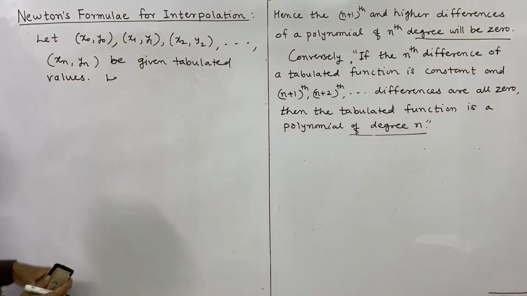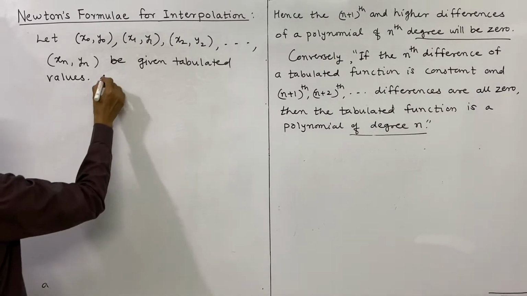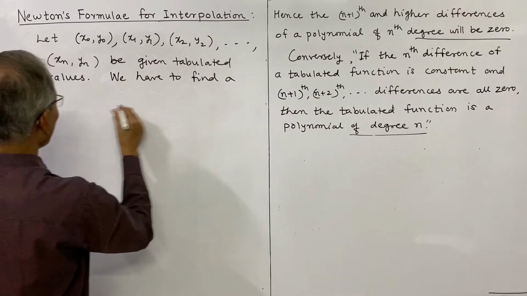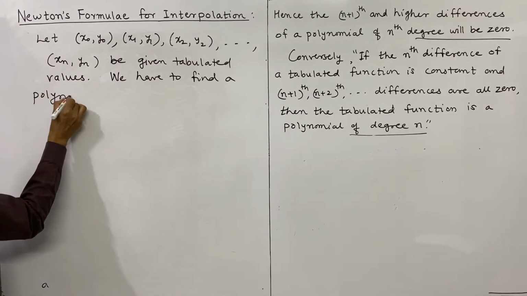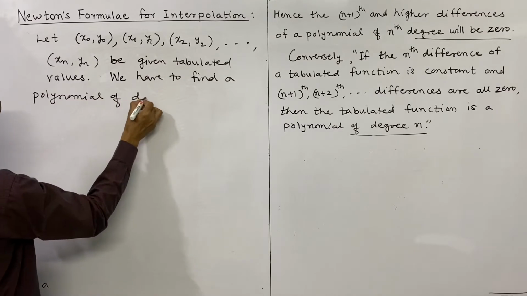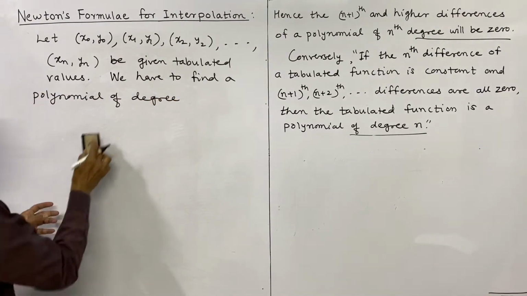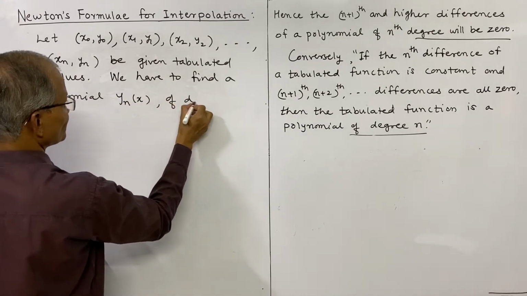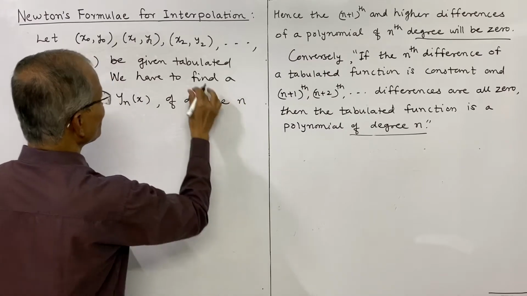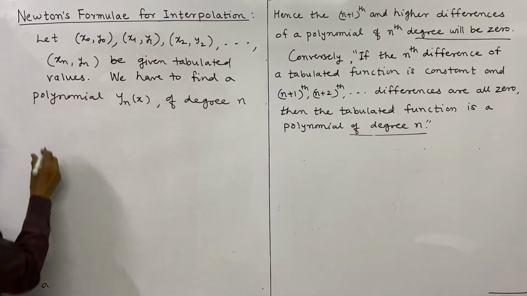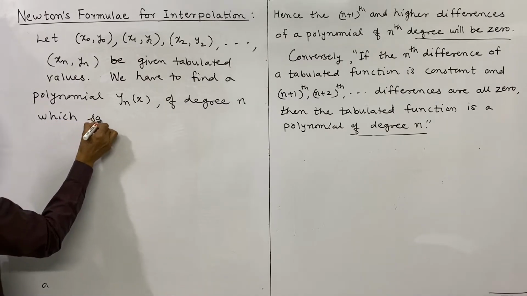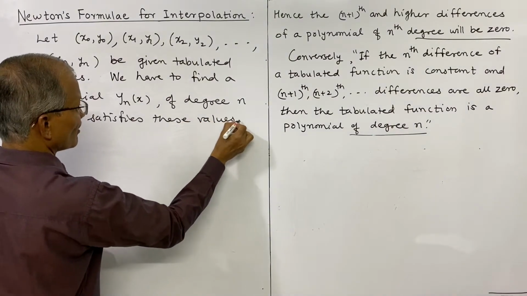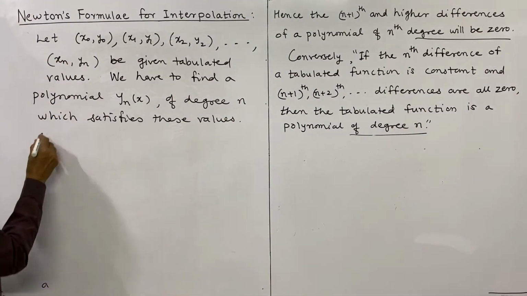So we have to find a polynomial of degree n. Suppose that polynomial is yn x of degree n, which satisfies these values. So this is our problem, and let the values of x be equally spaced.